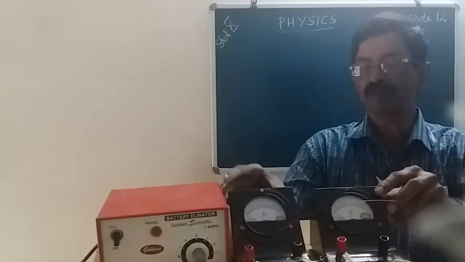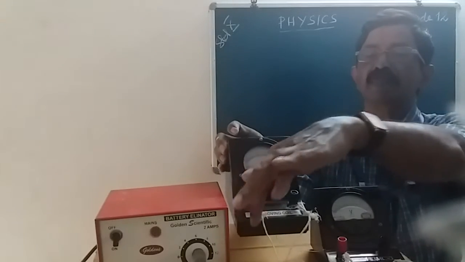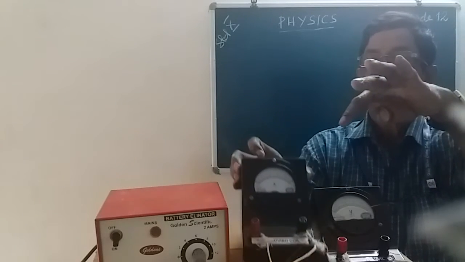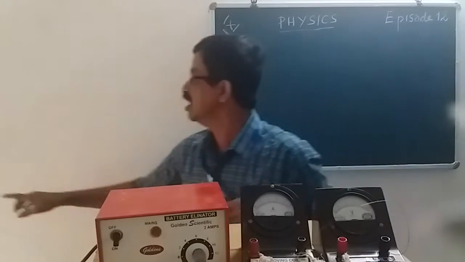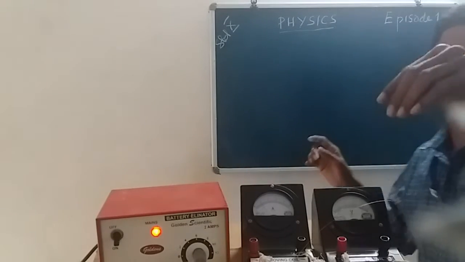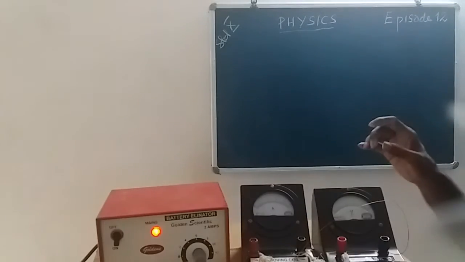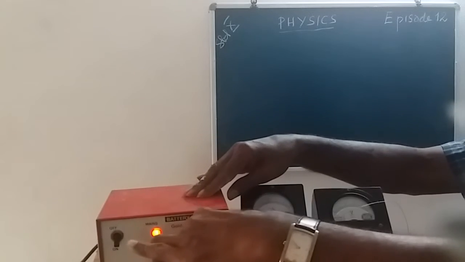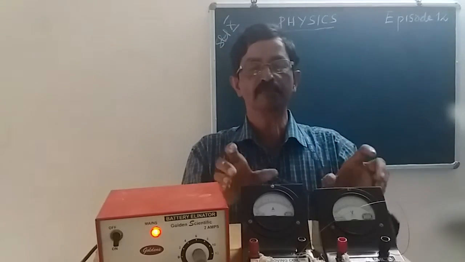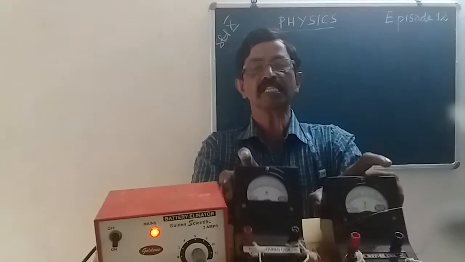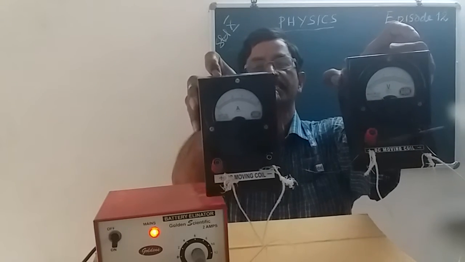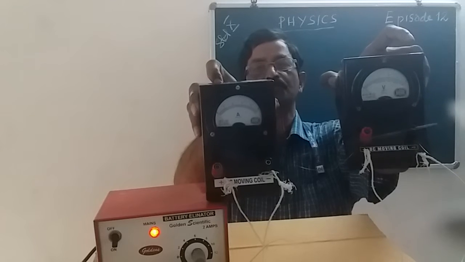This ammeter is connected in series, from positive to positive and negative. Now we are applying potential. Here we applied potential is 0. See, what is the current? You can see potential and current. Here you see potential is 0.